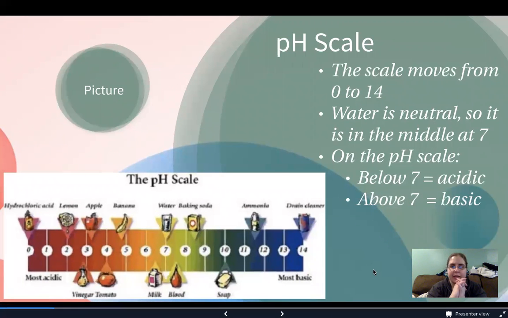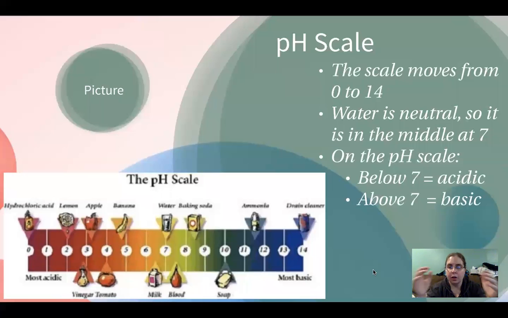So the pH scale, as we've mentioned, is a logarithmic scale that helps us to look at the amount of different ions, specifically hydrogen ions. The scale goes from 0 to 14, and water is right smack dab in the middle at 7.